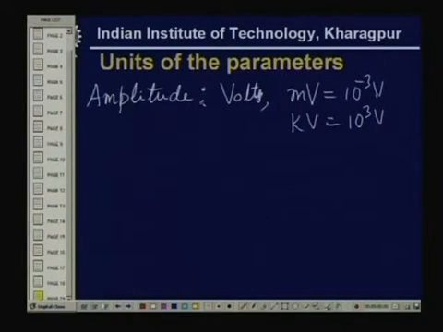Similarly, for frequency, as we know, the normal unit is hertz, but sometimes the values can be very large.